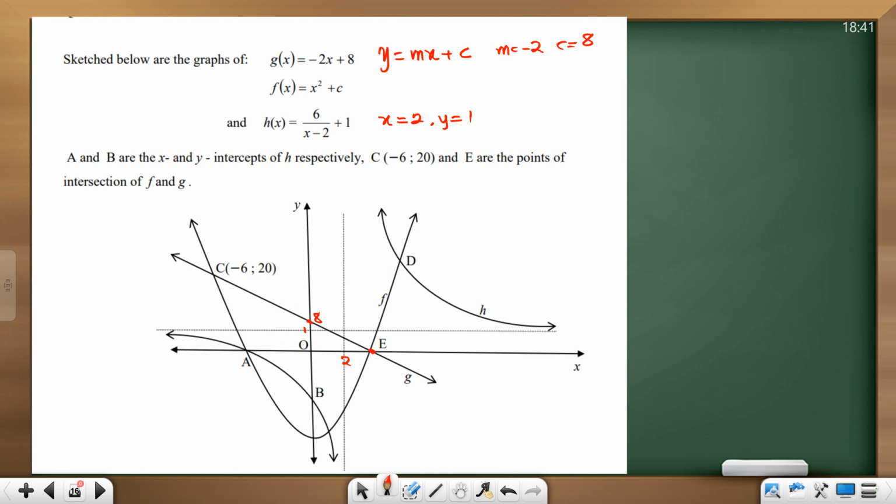And C, -6 and 20. And C and E are the points of intersection of F and G. Beautiful. I'm looking for the x-intercept of G. If you have an answer, throw it in.